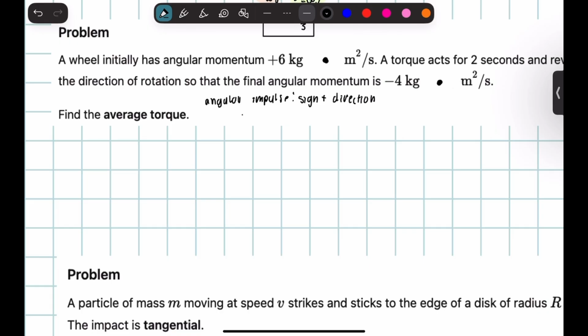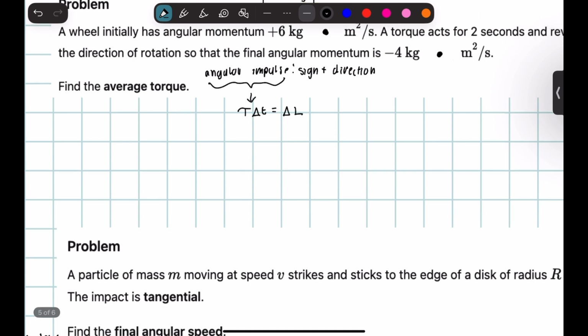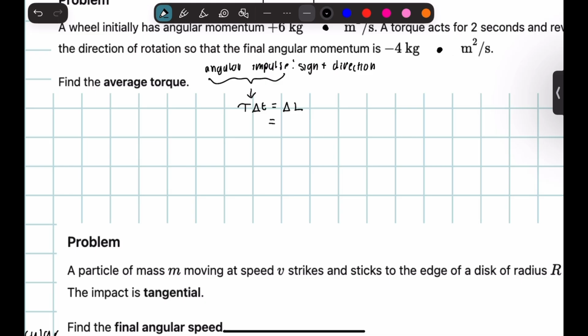So what's the equation for angular impulse? Well, this is torque times delta T is equal to delta L. Now the change in angular momentum, this is L final minus L initial, which is negative 4 minus 6, which is just negative 10.